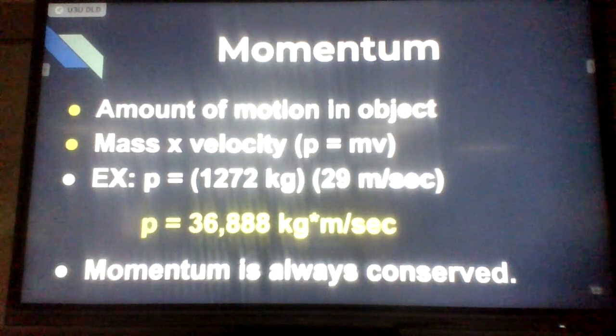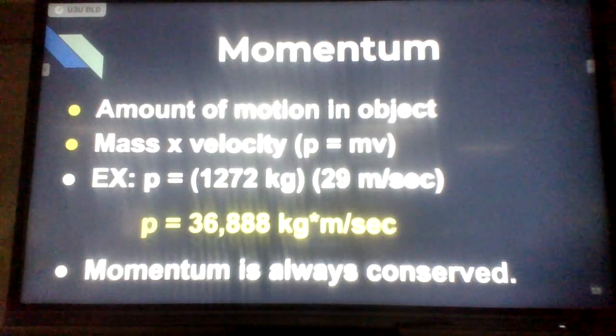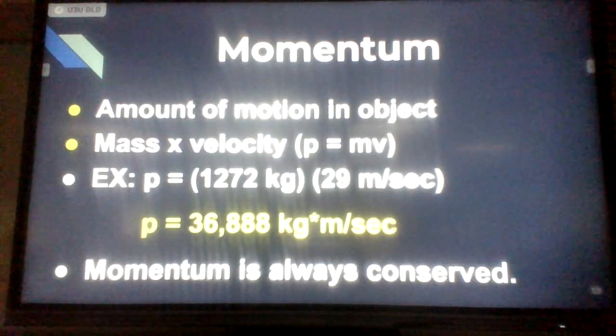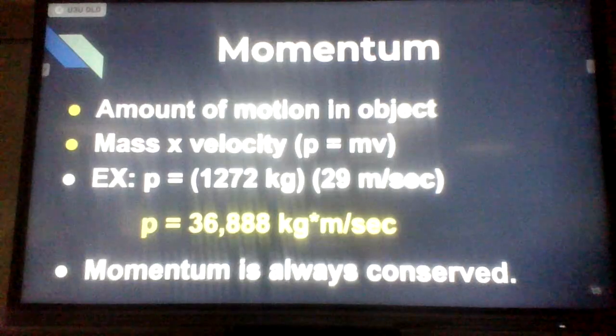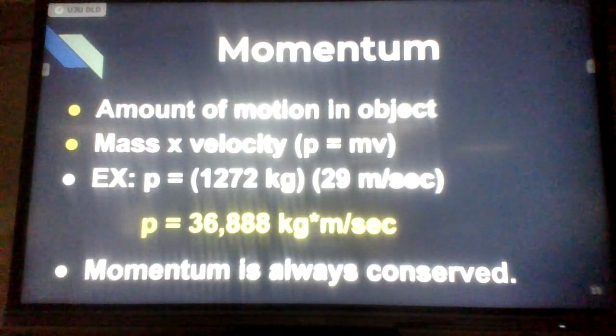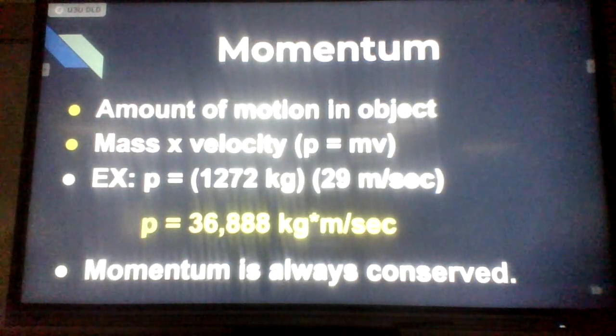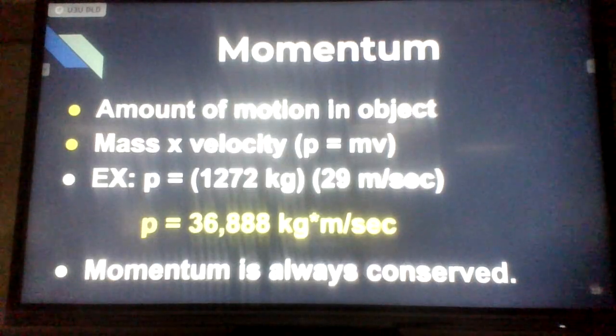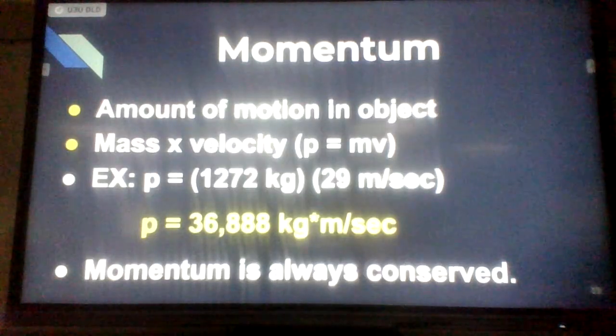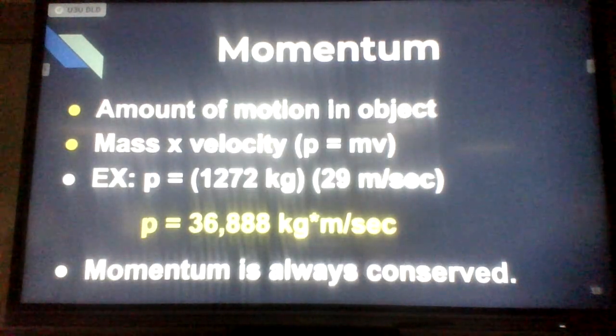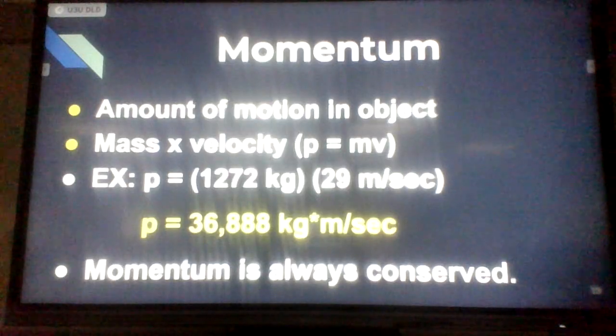Momentum is always conserved. Okay, we've talked before about different laws of conservation. Here's the law of conservation of momentum. The amount of momentum in a moving object is equal to the amount of momentum after a collision and the momentum transfers into other objects. So momentum is always conserved.